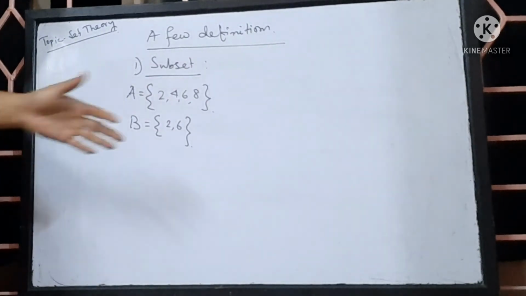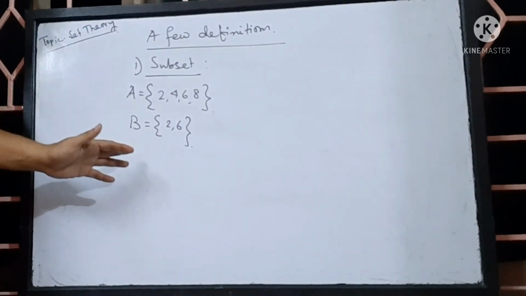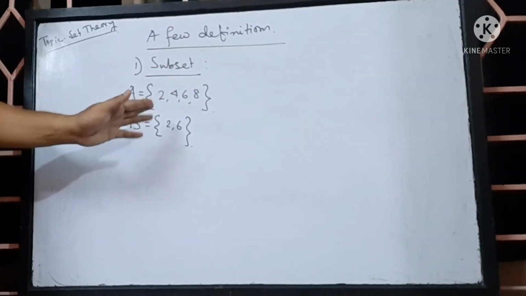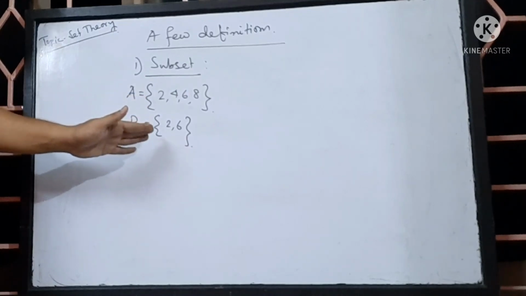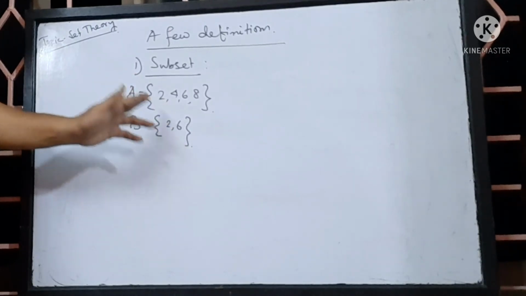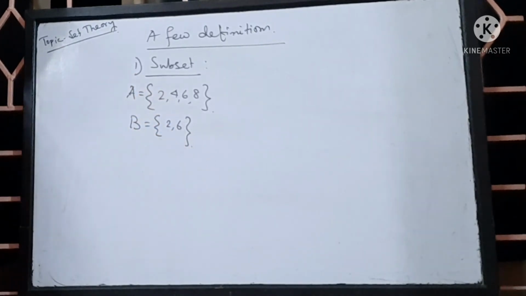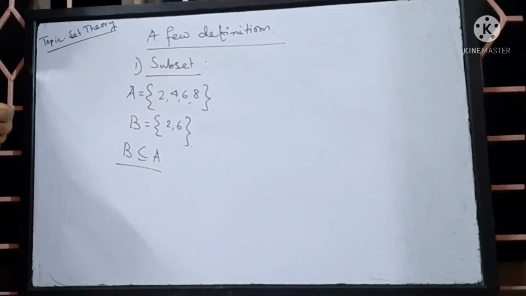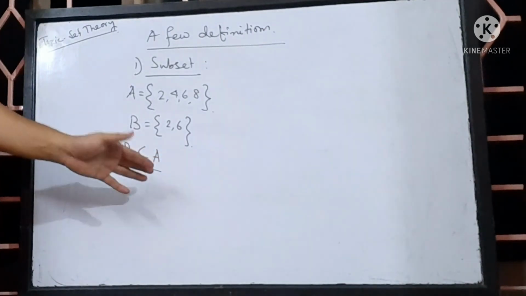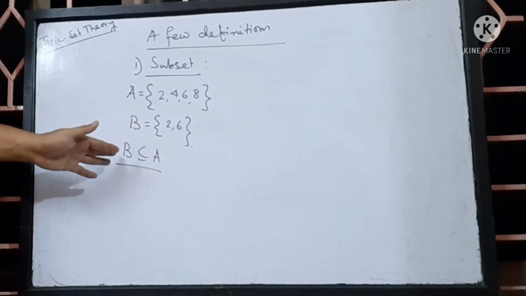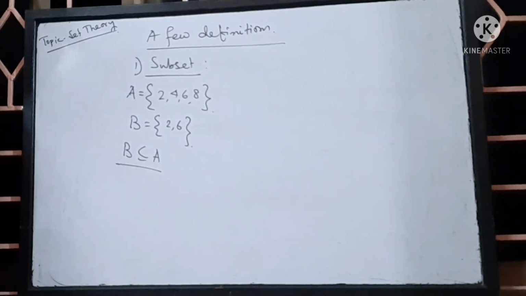These are user defined. I am defining these two sets A and B. In A we have 2, 4, 6, 8. In B we have 2 and 6. Look here, 2 and 6 also belong to the set A. So here B is a subset of A. We say B is a subset of A, and conversely A is a superset of B.